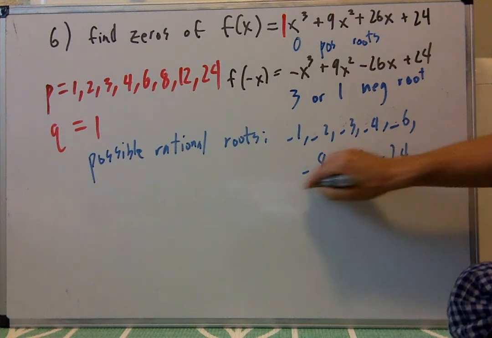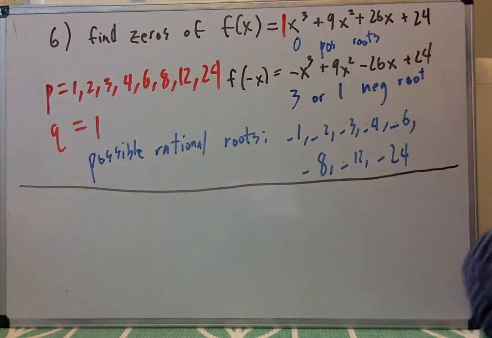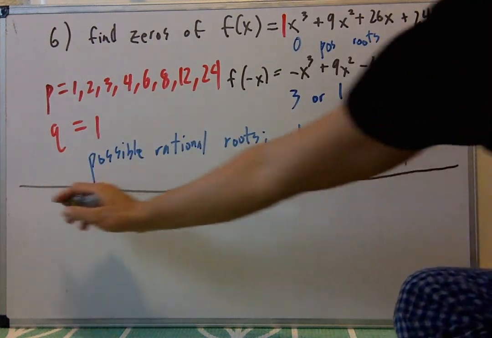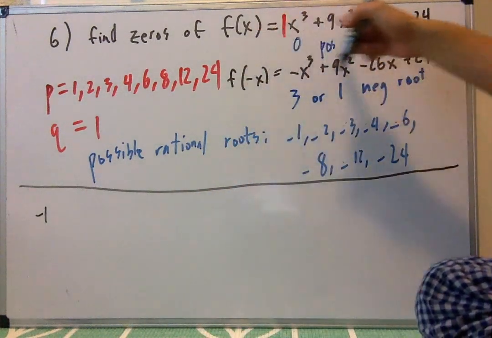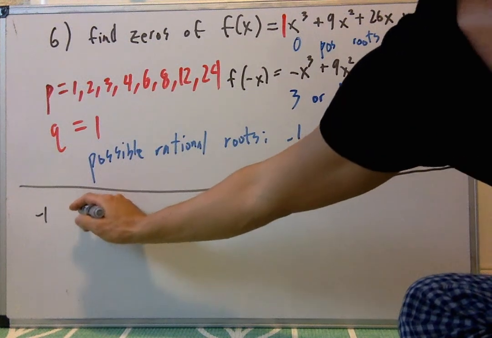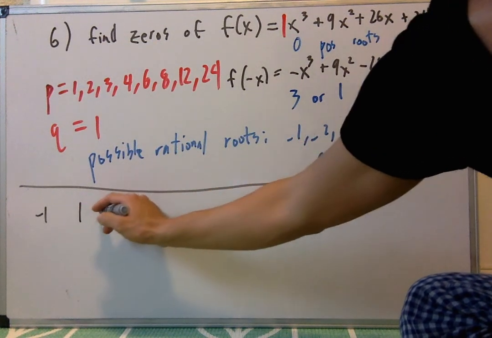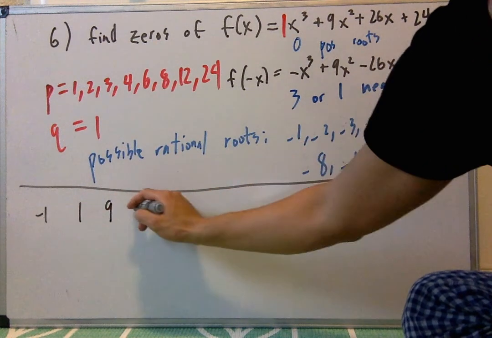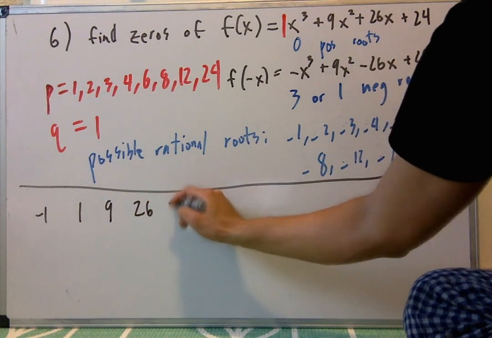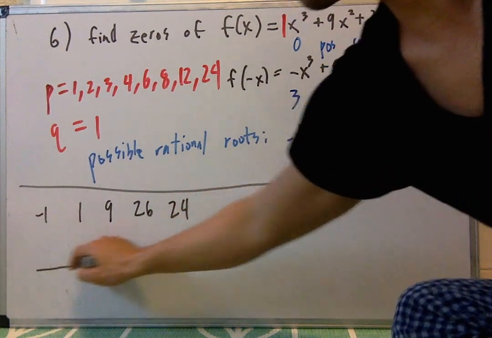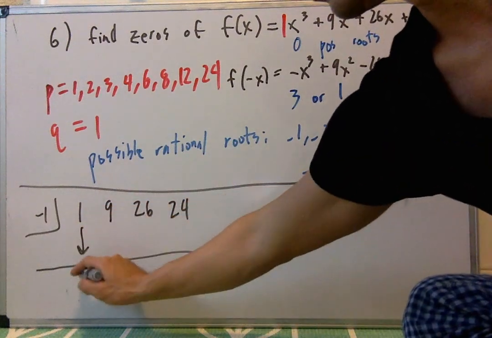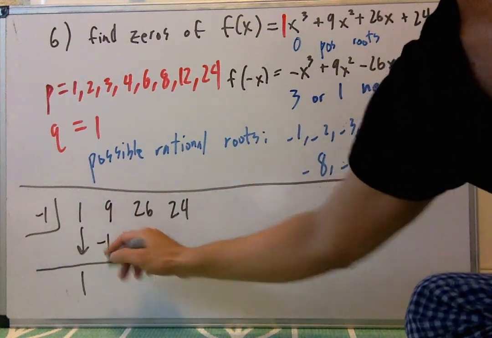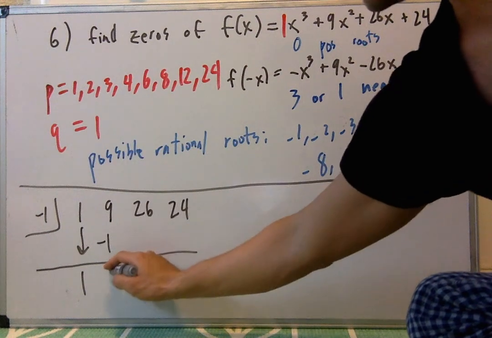So let's draw a line to cut off this work. Synthetic division, remember, we put the thing that we're checking out front. So let's start with negative 1. Then we write out our function, which is 1x cubed, 9x squared, 26x, and 24. Right, this is the thing in the box. So we bring the 1 down first, right? 1 times negative 1 is negative 1. 9 minus 1 is 8.